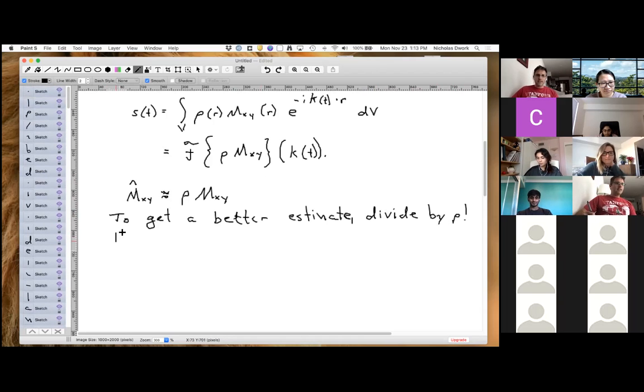But then that leaves us the question, how do we get rho? How do we get this sensitivity map? Any ideas? What would you do?